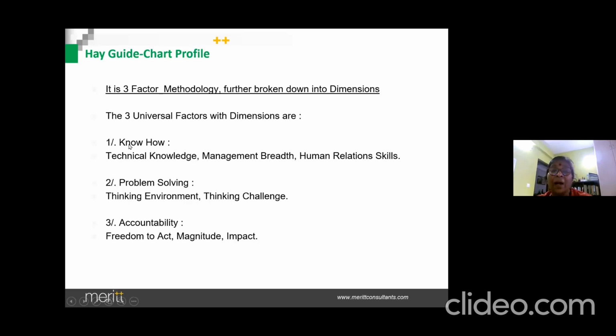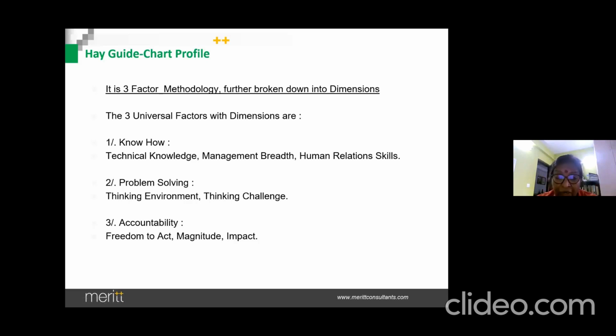Under know-how, there are sub-factors like technical knowledge, the breadth of management knowledge required, human relation skills. Under problem solving, there are 2 compensable factors. And under accountability, again, 3 compensable factors.